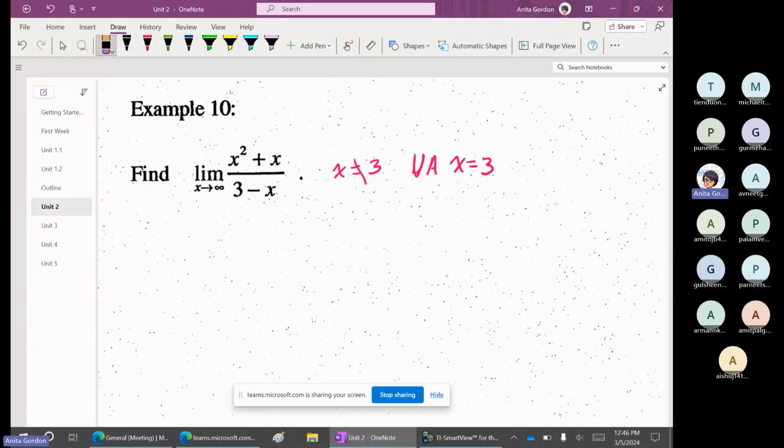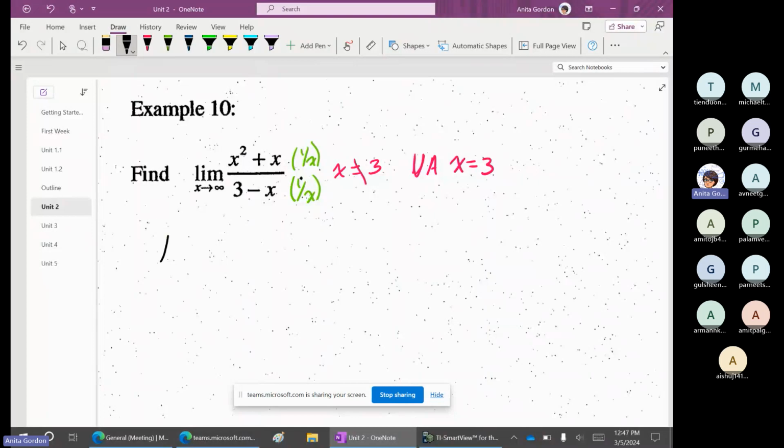What else can I do? We can use the fraction of the highest degree strategy, yes. Okay, let's do that. Are we looking at the highest degree in the denominator?